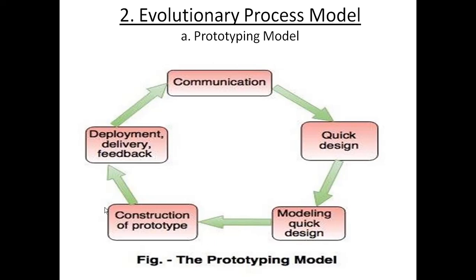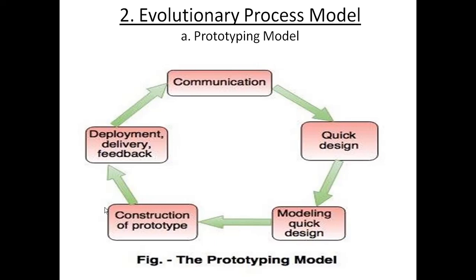That is, each phase is connected with the next phase in the model, and it forms a cycle, and the process goes on till we achieve the best quality product and the user requirements are satisfied. So this process goes on till we get the final non-erroneous product.